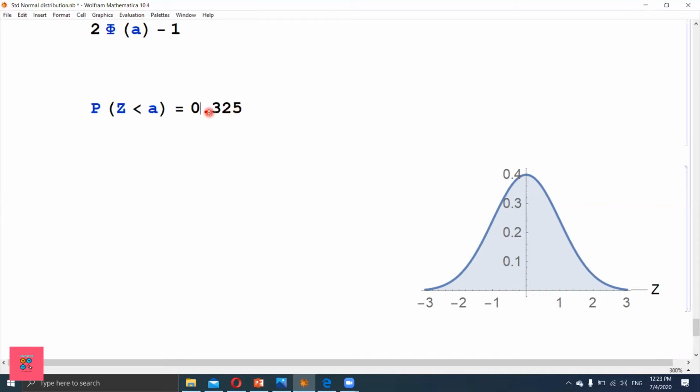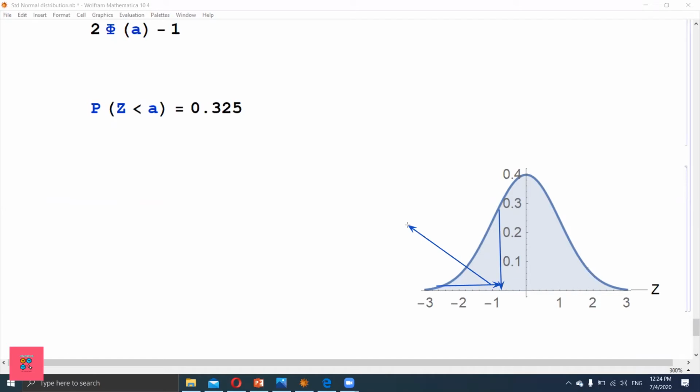So 0.325 is the area which must be on the left tail, and the point a must be on the left side of the mean. For example, it's here. So the area below this point, from minus infinity to this point, is 0.325.